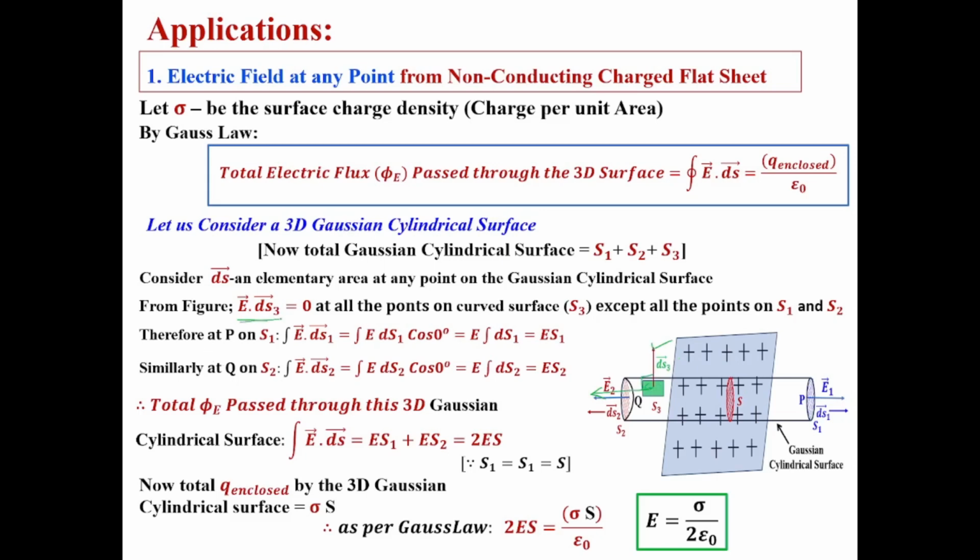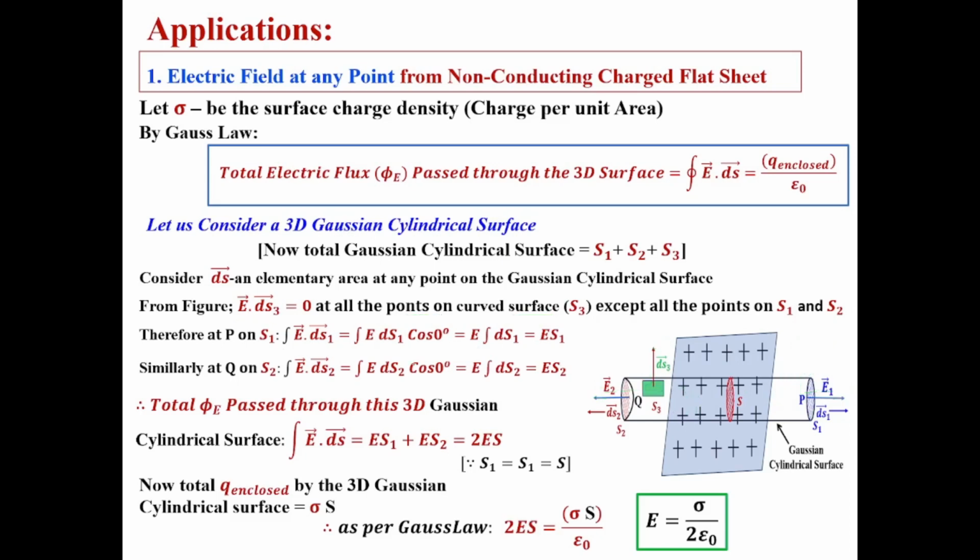So E dot ds3 will be 0 at all the points on the curved surface, and the flux through ds3 on the curved surface will be equal to 0.